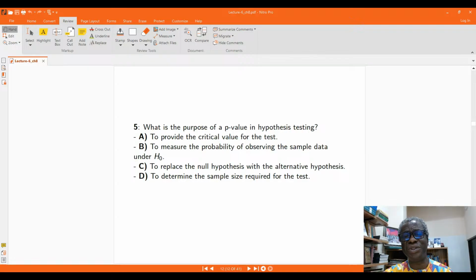B, to measure the probability of observing the sample data under the null hypothesis. C, to replace the null hypothesis with the alternative hypothesis. D, to determine the sample size required for the test. So, what is your choice?